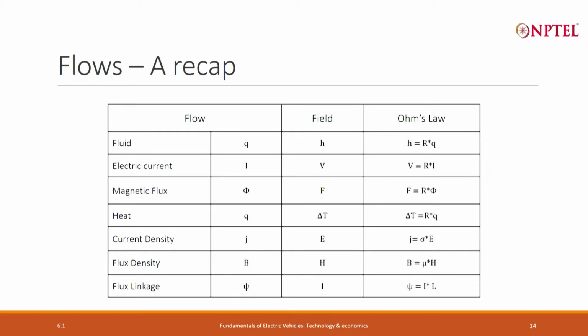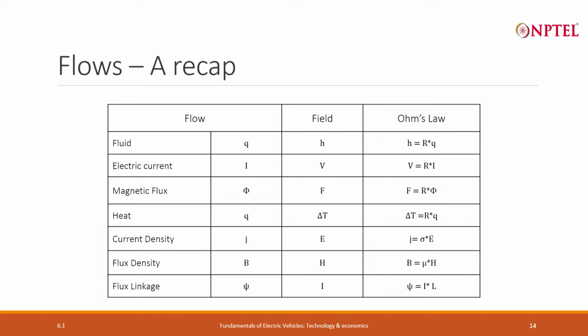which are shown here. So, we looked at flow of fluid, flow of electric current, magnetic flux which is caused by what is called the magnetomotive force, heat where the flow of heat is caused by difference in temperature, and we found that it is often convenient to express the flow per unit area and the forcing function as per unit length.